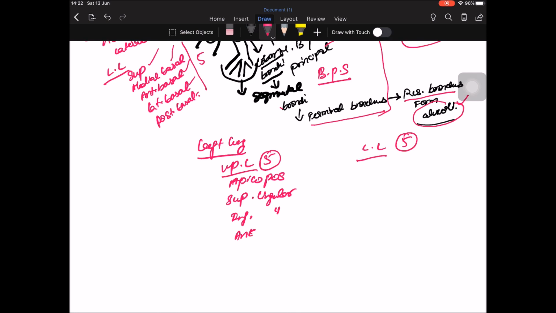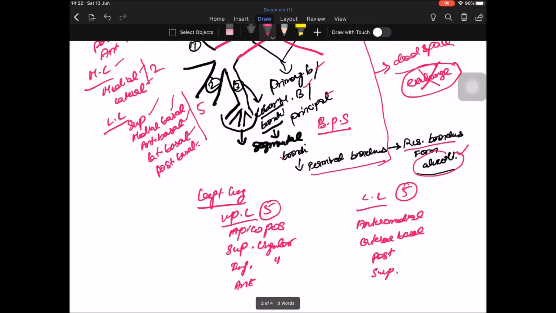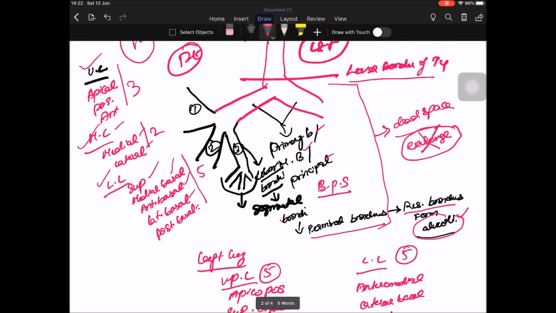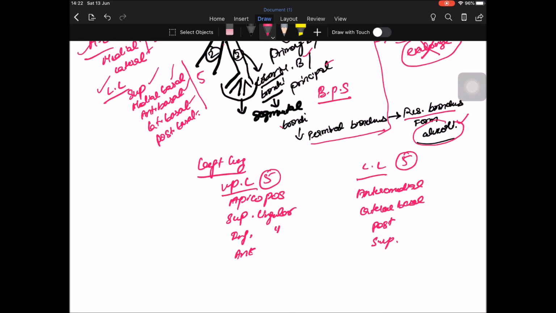Lower lobe has anterior medial, lateral basal, posterior and superior. So left lung has only 2 lobes, but right lung has 3 lobes: upper, middle and lower lobe.